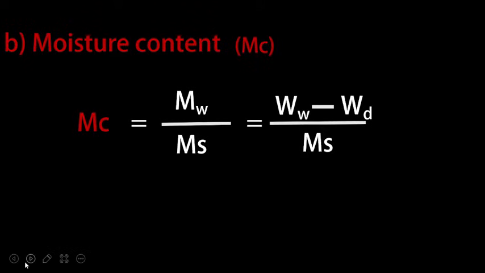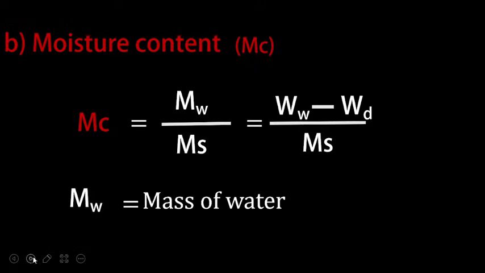So in order to calculate the mass of the water, we are going to subtract the weight of the dry sample from the weight of the wet soil.